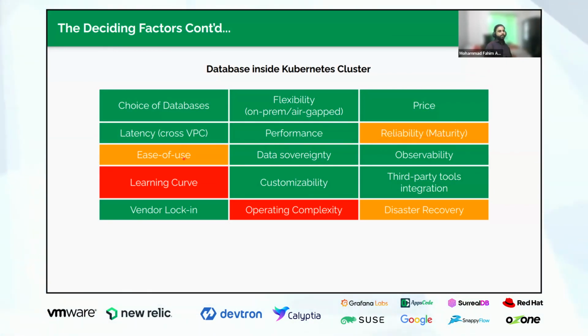Then the ease of use and learning curve. These are the main things that make running a database inside Kubernetes difficult. If you are using an operator, you will have to learn their different kinds of CRDs. You have to learn their different things, how to do this, how to do that. So you have to give some effort here.